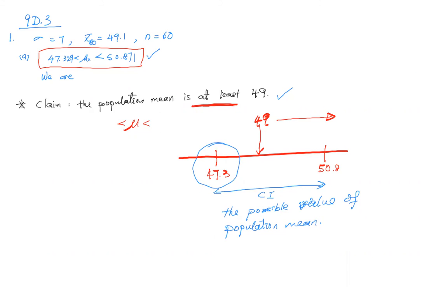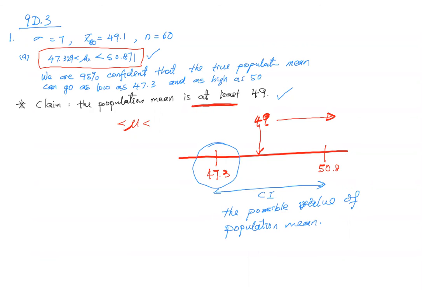I have 95% confidence that the true population mean can go as low as... that's why I prefer to write in this form... and as high as... that means all the values in between are possible to happen. That is the meaning of confidence interval.